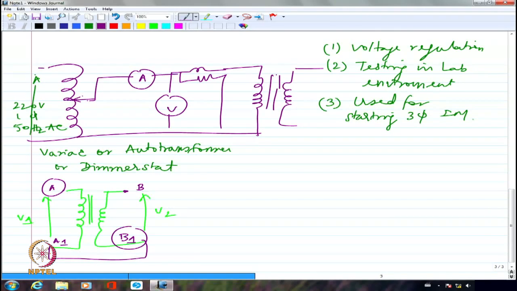When I do that, which two terminals do I have to connect if I want series addition? Which two terminals do I have to connect if I want series opposition? Is that clear? So finally, when I connect the two terminals together, I have only two terminals coming out. Only A and B are coming out, or I will have A and B1 coming out. Finally, I will not have more than that.